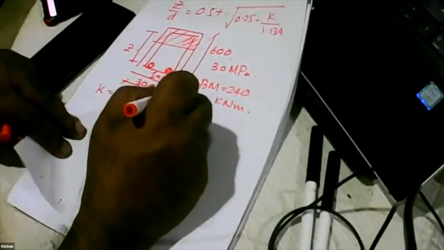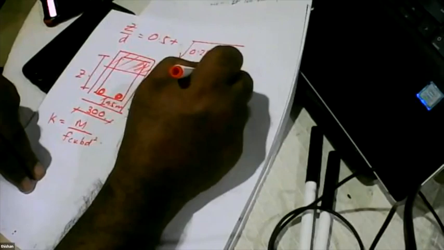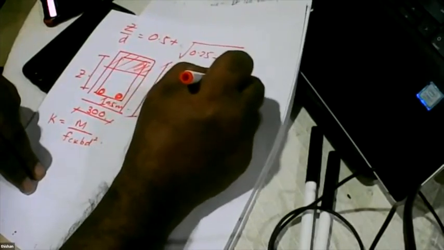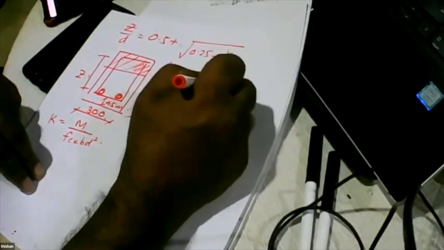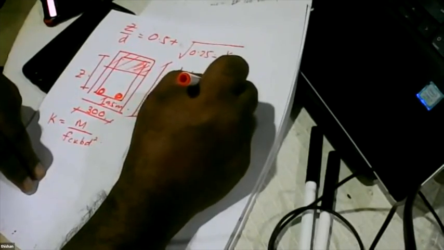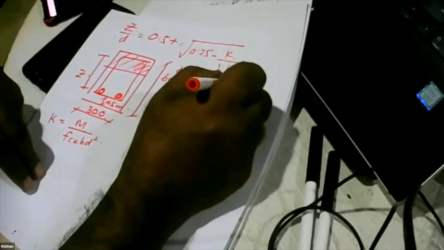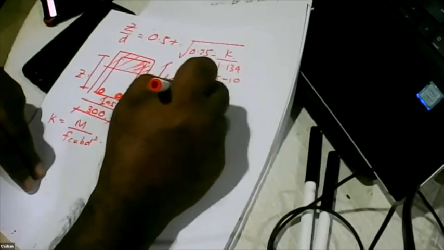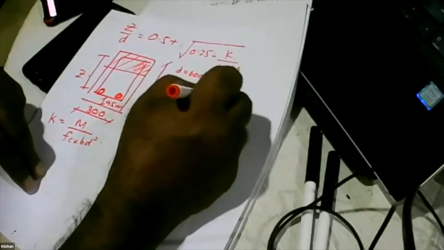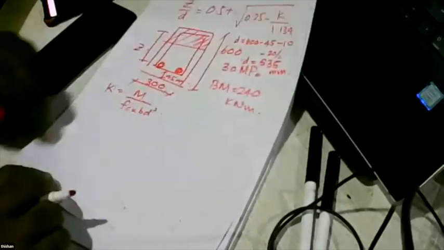For this, you have to find that D is equal to 600 minus 45 minus 10 millimeter links minus, let's say we are going to use 20 millimeter bars, 20 divided by 2. So you find D is equal to 535 millimeters.